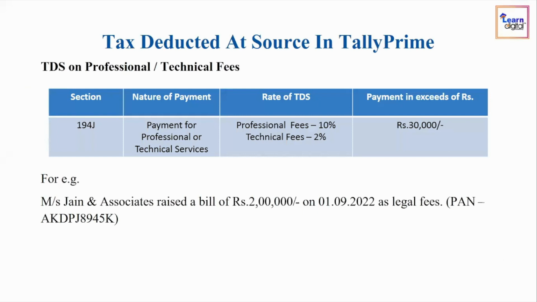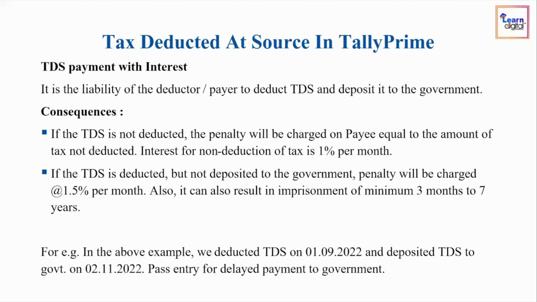Now, our next part of this session is TDS payment with interest. So, it is the liability of the deductor to pay or deduct the TDS and deposit to the government, right? The deductor or the payer always deducts the TDS, and the amount so deducted will get deposited to the government, and this should be done on given due dates.